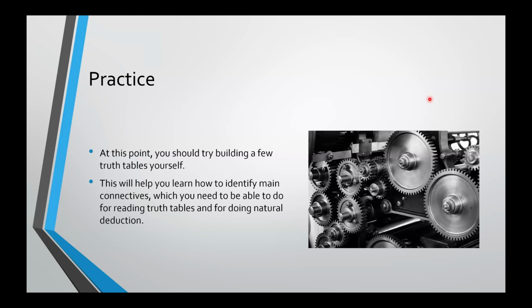Not just the main connective of a sentence, but the main connectives of the immediate components of a sentence. This is something you need to be able to do when you read truth tables, and it's also something that is going to be really important when you're doing natural deduction. And building truth tables is a really good way to get an intuitive sense of where the main connectives of sentences are. So you should definitely practice by building a few of them yourself.